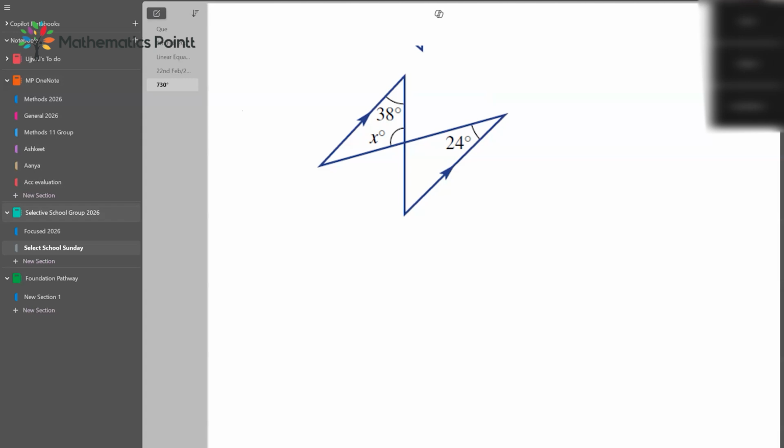Okay, let's give it a go. Yeah, 118 looks like. Let's give it a go. Very important symbols are these symbols. They are parallel lines.